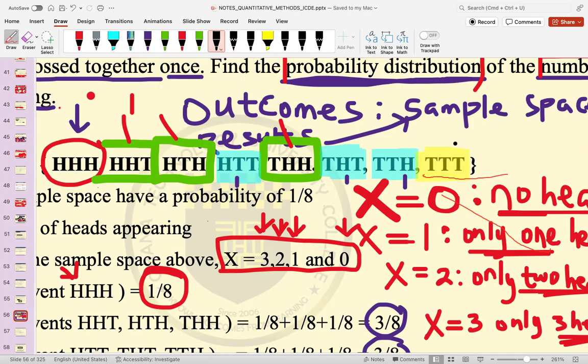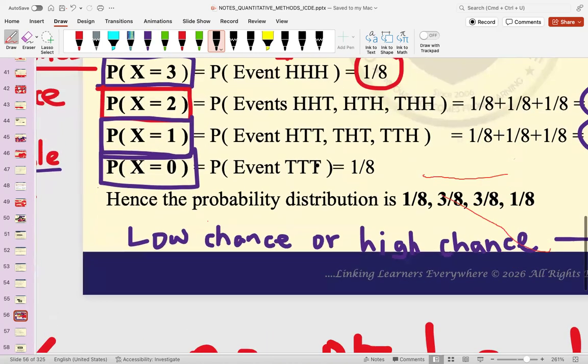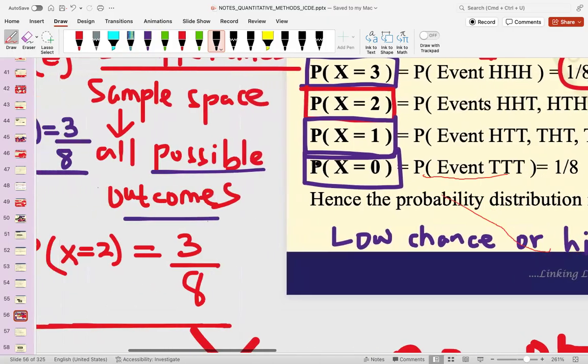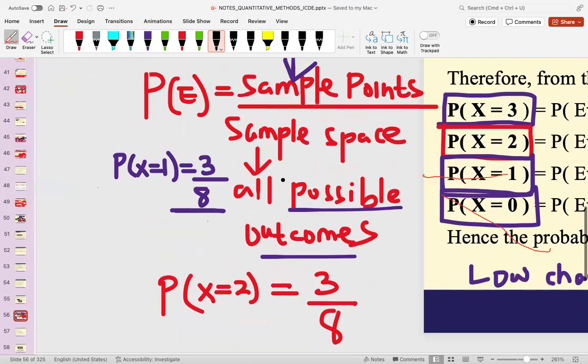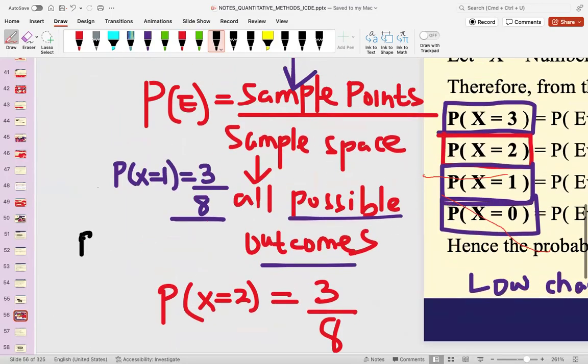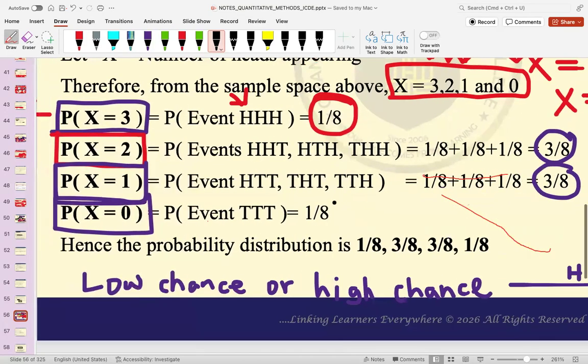That means we have only one that is showing no head. So again, we write our formula: probability of an event equals sample points over sample space. So probability of no head, meaning probability of X equals 0, is equal to 1 over 8. And that's what we have here.